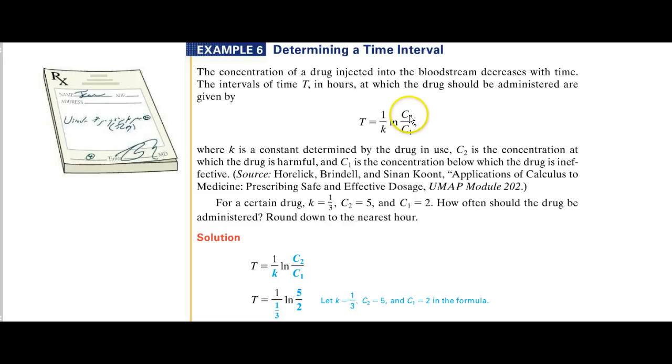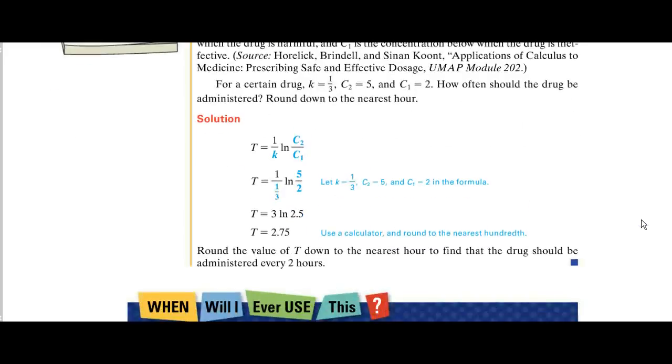So C sub 2 is the concentration of drug that is harmful, and C sub 1 is the concentration below which the drug is ineffective. So plugging your data into the formula given here, and we're going to go on to a little bit lower, we see that T comes out to be this.